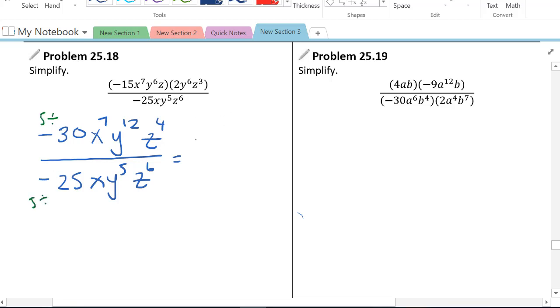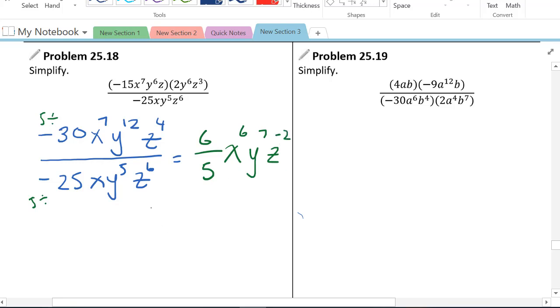So that would give us a 6 over 5. Okay? And again, it's positive because I have a negative dividing by negative, right? Negative divided by negative turns into positive. So that gives us a 6 over 5 after reducing. x to the 6, y to the 12 minus 5 is y to the 7. And then that's z to the 4 minus 6, which is negative 2.